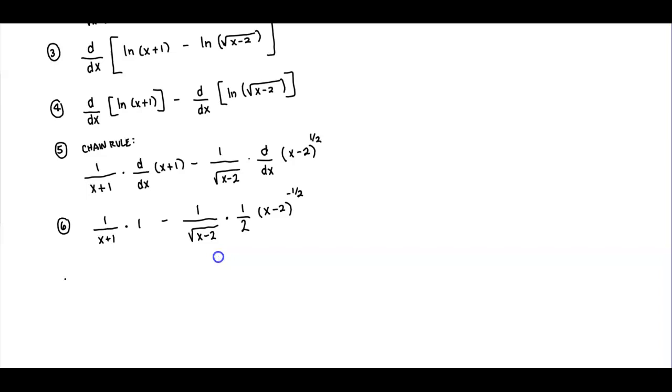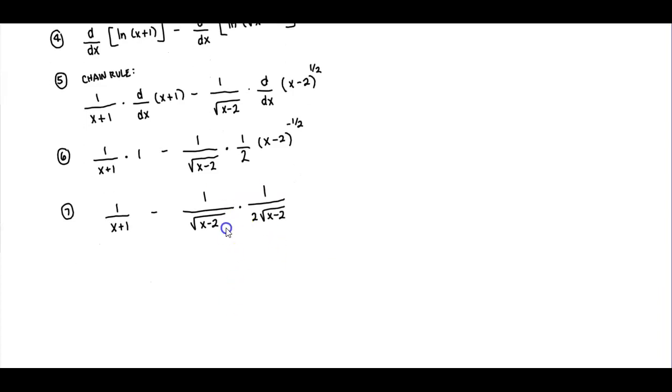So let's start using some algebra now. We have 1 over (x + 1) times 1, which is 1 over (x + 1), minus 1 over the square root of (x - 2) times 1 over 2 times the square root of (x - 2).